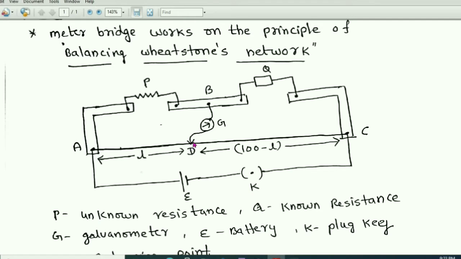Using the jockey, we slide it from A to C to find the balancing length. Balancing length means the point at which the galvanometer shows null deflection. When the jockey is placed at point A, the galvanometer shows deflection on one side, and at point C it shows deflection on the other side.